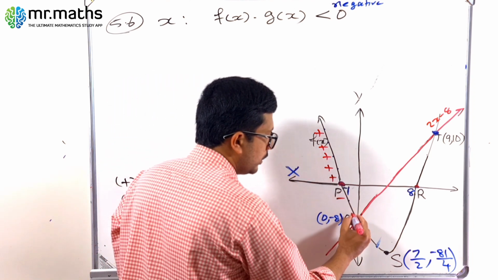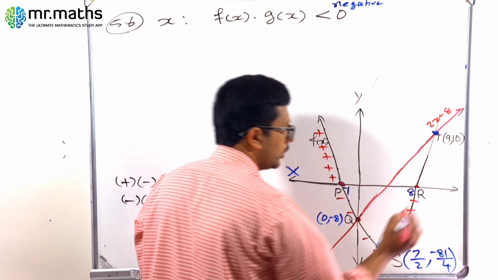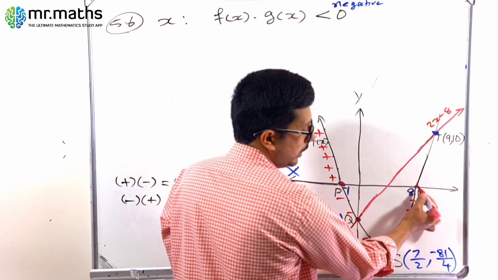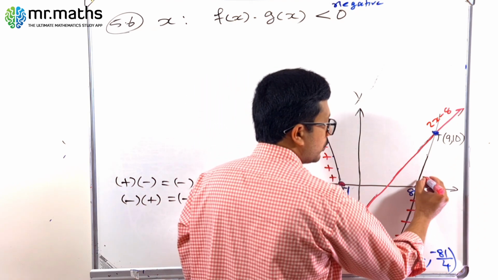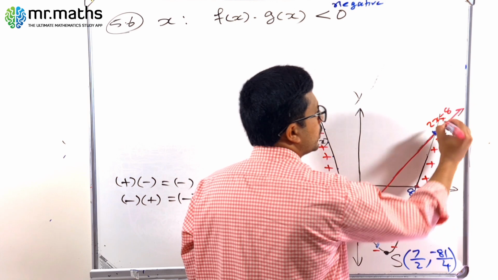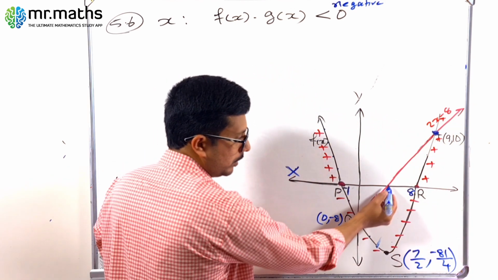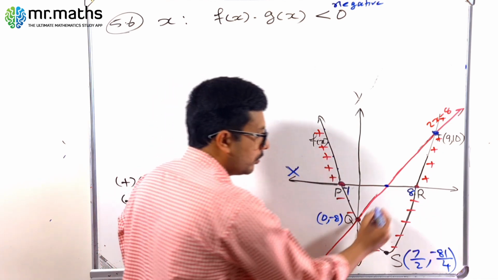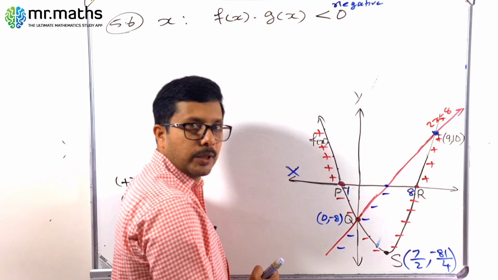That means negative. Here again you can see that it is above the x-axis, I'm talking about the f of x parabola, so here it is positive. Now what about g of x? From this point to this side, it is below the x-axis, so here it is negative. Am I right?